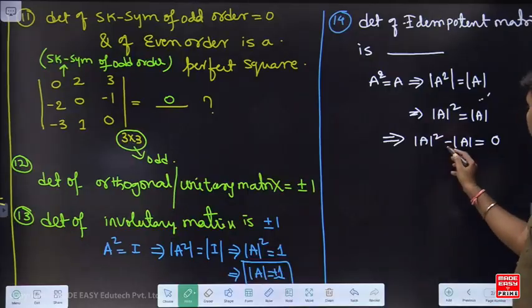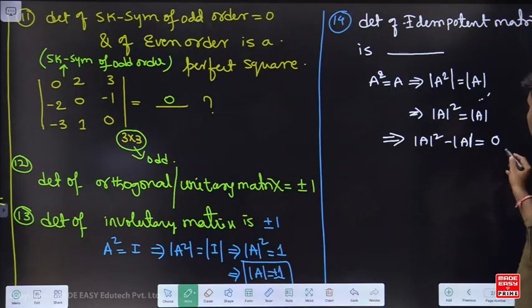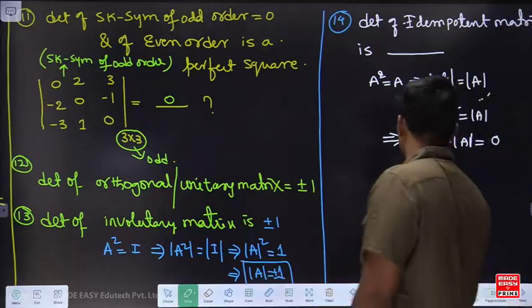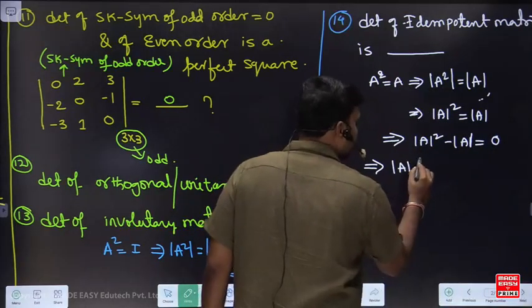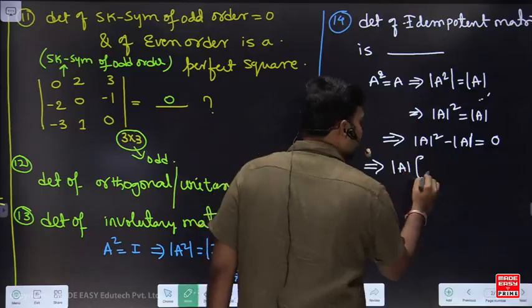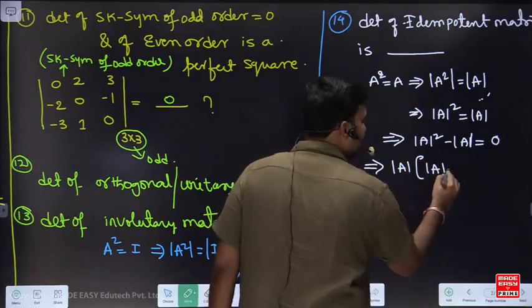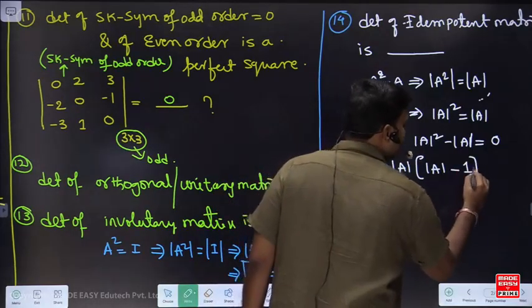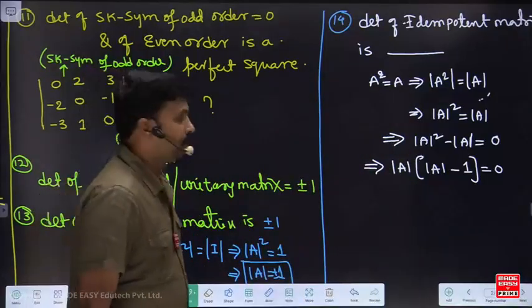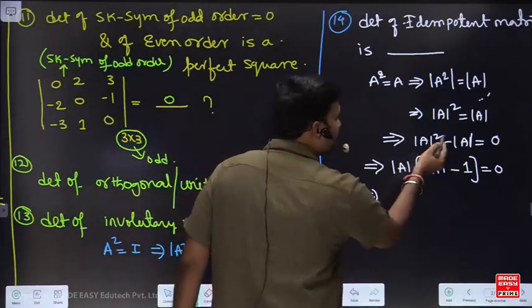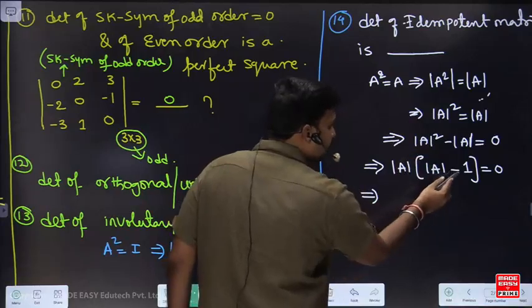Now from this, take mod A common. If you take mod A common, then it will be mod A into mod A minus 1 is equal to 0.